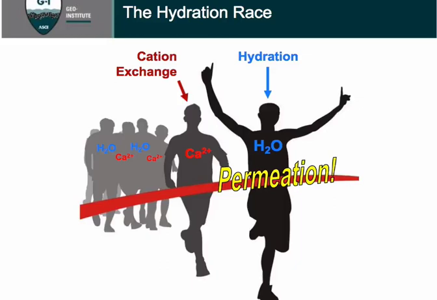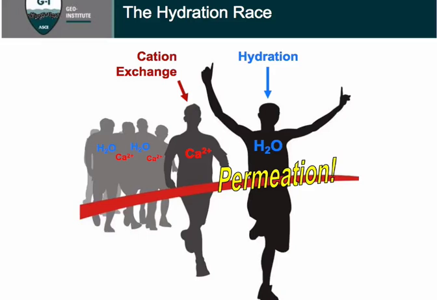There's a race when a GCL is put on the subgrade because as the GCL pulls water from the subgrade, calcium molecules that are native in that subgrade pore water are also going to come along. And so if we end up with too many of those calcium molecules and too much exchange of the native sodium for the preferred calcium, we can end up with a divalent or a calcium bentonite before a low hydraulic conductivity is achieved because we haven't hydrated the bentonite yet.